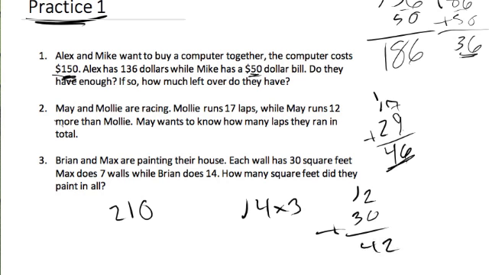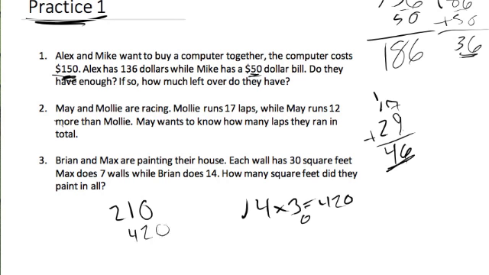It has 42 so far. But since this 3 is actually a 30, we add a 0 on the end, and that becomes 420. So now we just add these two together for our final answer. So 210 plus 420 equals 630 as our final answer.